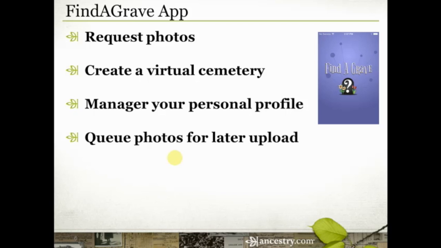If you want to queue those photographs, so you just take photos and store them in the app, then when you get home or when you get back to a place where you have access to Wi-Fi, you can then upload those photos later without having to use your data minutes or your data plan.